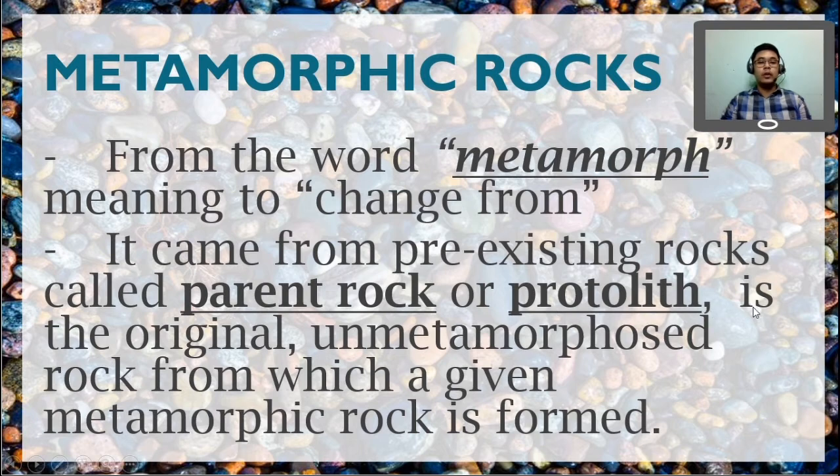Okay, and this protolith is the original and unmetamorphosed rock from which a given metamorphic rock is formed. Kasi nga change from, ibig sabihin may isang existing na bato na mag-undergo ng changes, magkakaroon tayo ng metamorphic rock dahil nag-undergo yung bato na yon ng changes.